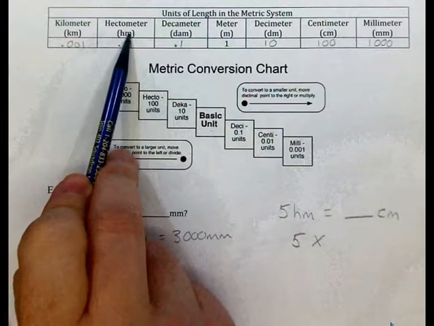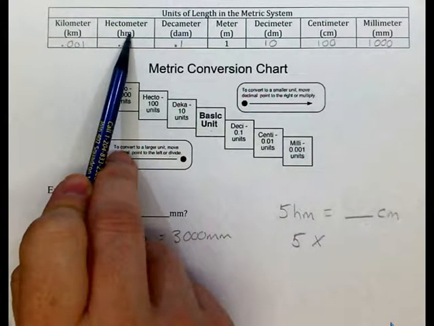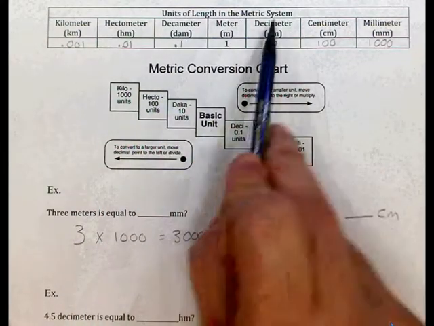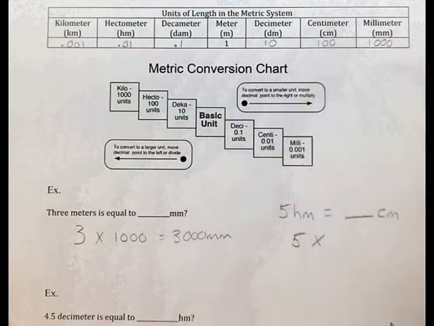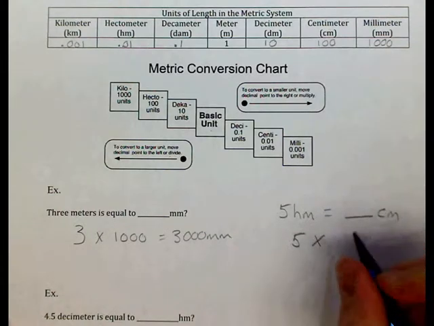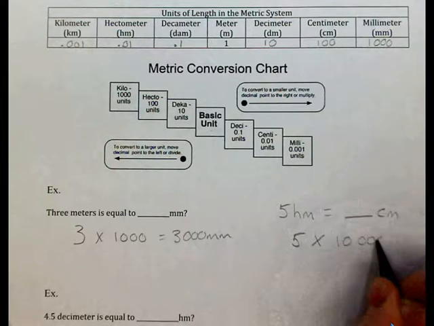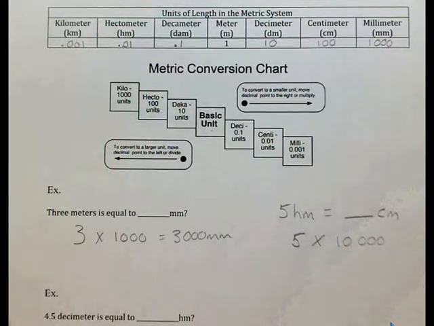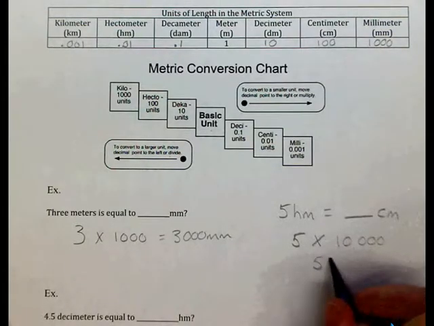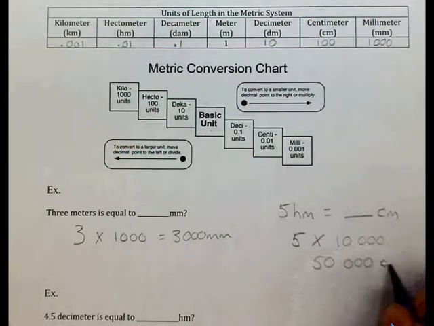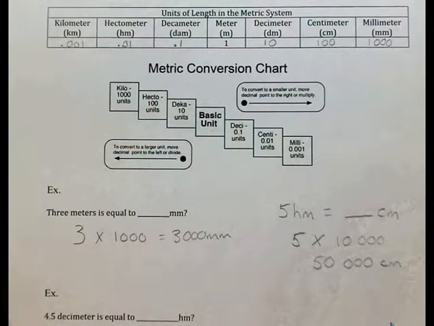We start with a hectometer, and every move is a factor of 10. 10, 100, 1,000, 10,000. So we're going to multiply by 10,000. 5 times 10,000 is 50,000. So there are 50,000 centimeters in 5 hectometers.